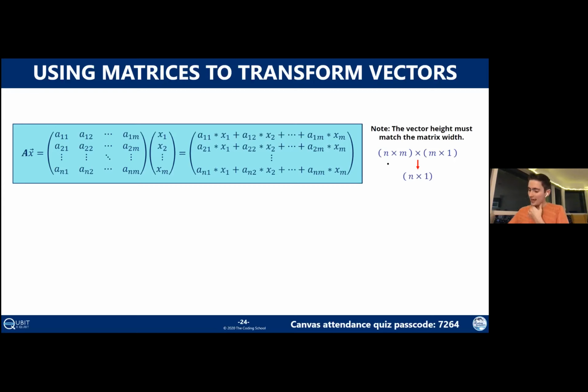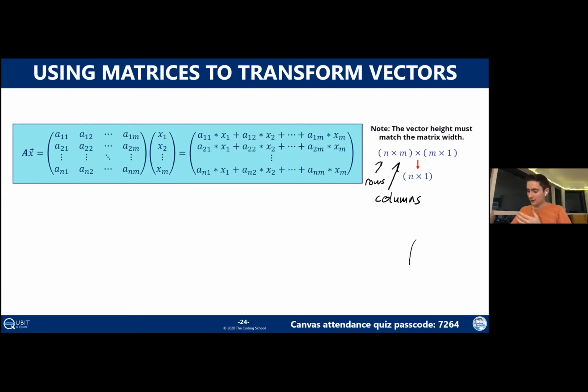So if we have an n by m matrix, remember this means n rows, m columns. I can't spell columns today. And then we have a vector that is m by 1. So why do we write a vector this way?